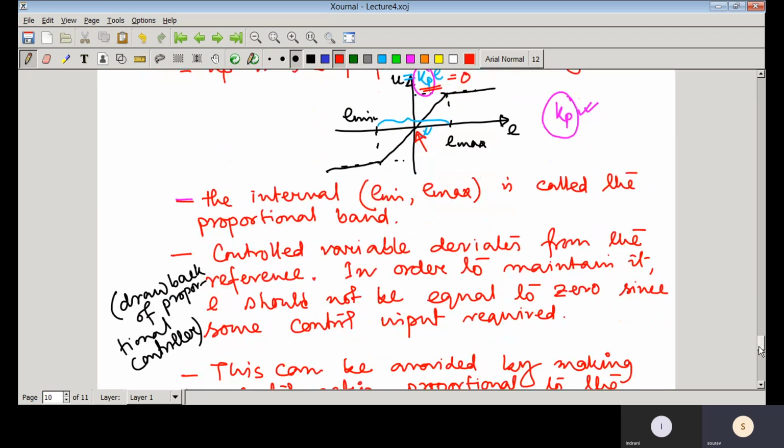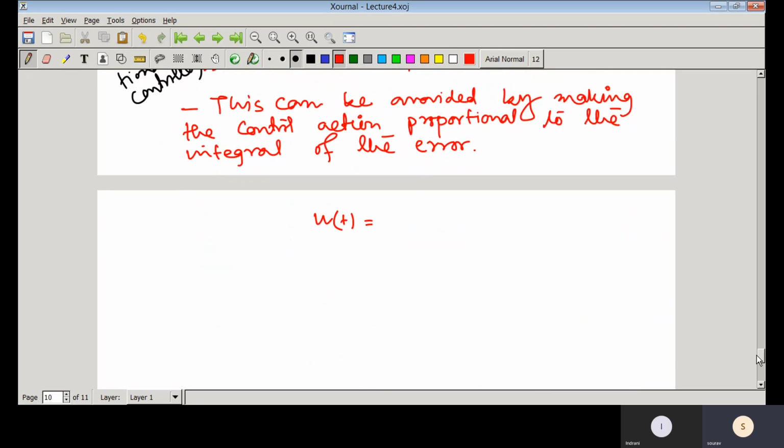I hope you understand. There are different types of control algorithms that can be generated to achieve some sort of performance. Here we are discussing the tracking performance. So this is Ki integral from 0 to t of e(tau) d tau.